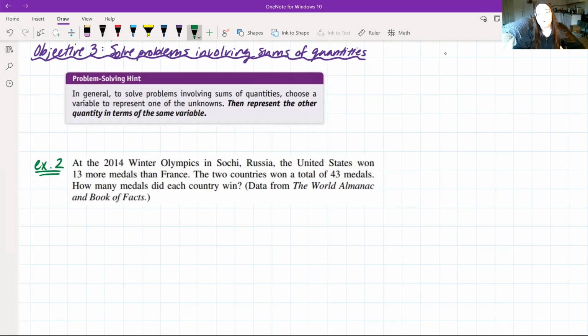So step two, we assign our variables. We assign our quantities. So we've read, that was step one. Step two, we're assigning. So let's say that X is the number of medals that France won.